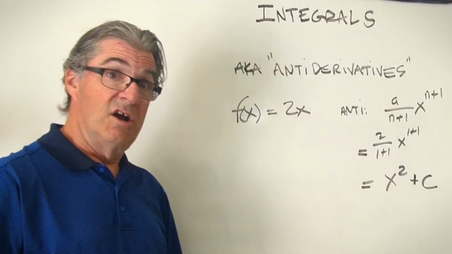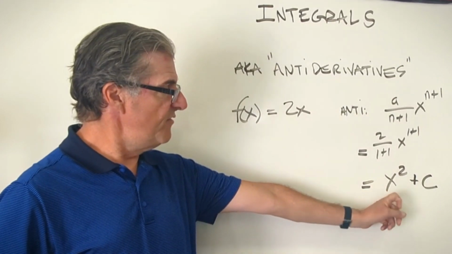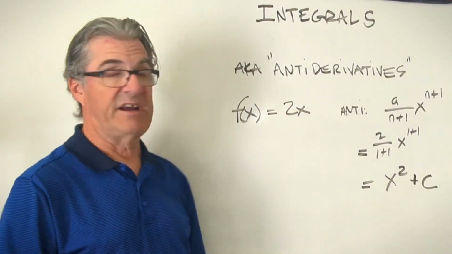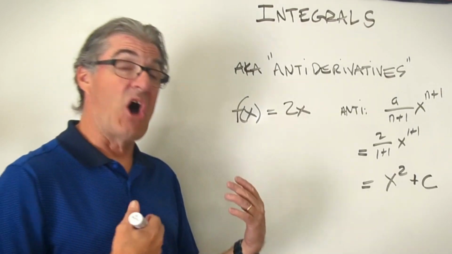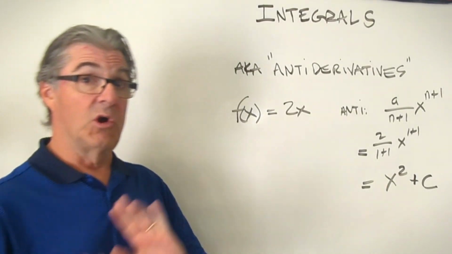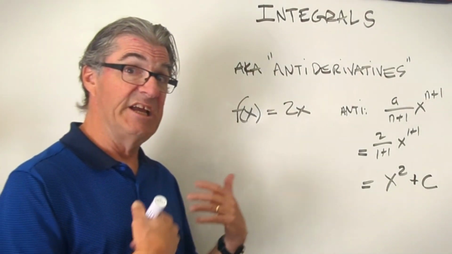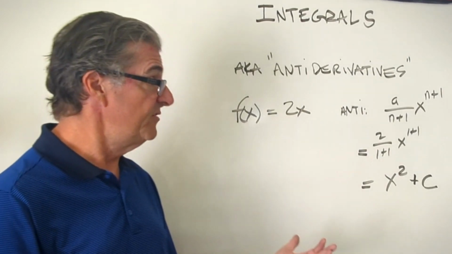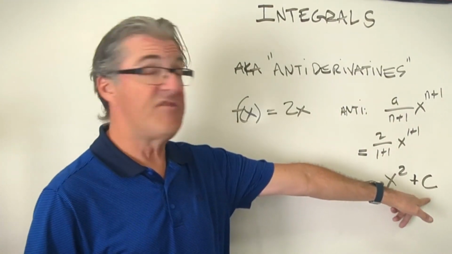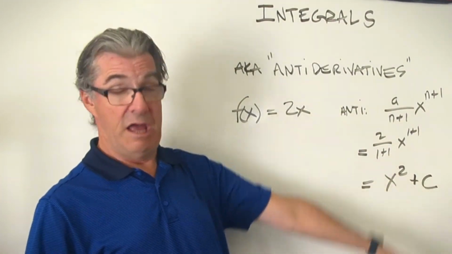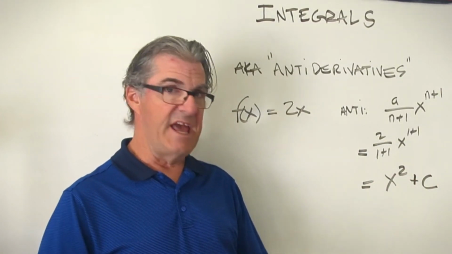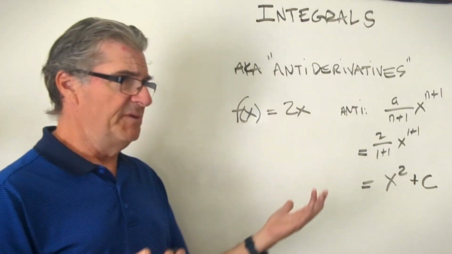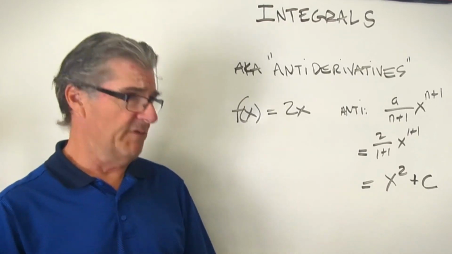Because remember, if we take the derivative of x squared, it's 2x. If we take the derivative of x squared plus 92, that's also 2x. So when we're going the opposite way, when we're taking an integral, or the antiderivative, we don't know if there was a constant out there and what it was. So c could be 0, c could be negative 29, c could be the square root of 743.5.